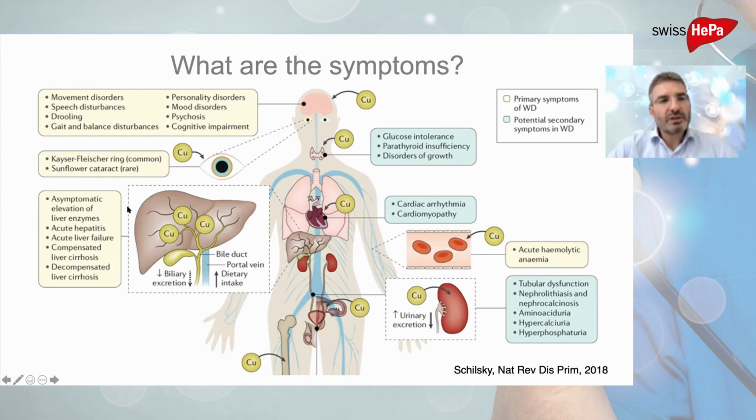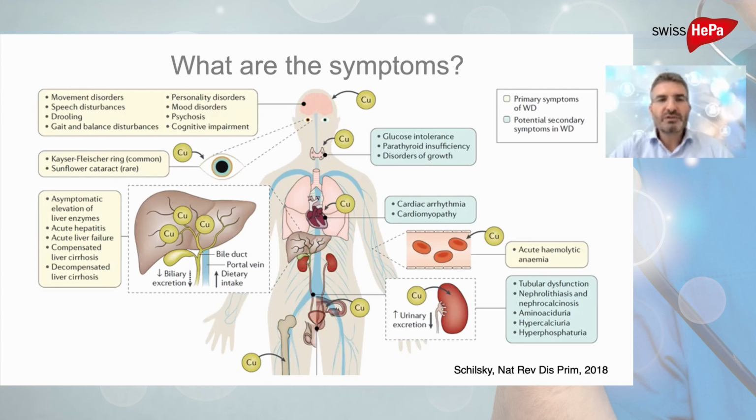Copper accumulation can be associated with an asymptomatic elevation of liver enzymes, for example ALT and AST, but also with acute hepatitis and acute liver failure in some particular cases. And when the disease becomes chronic, patients can develop cirrhosis that is compensated in the absence of complications and decompensated in the presence of complications of cirrhosis.